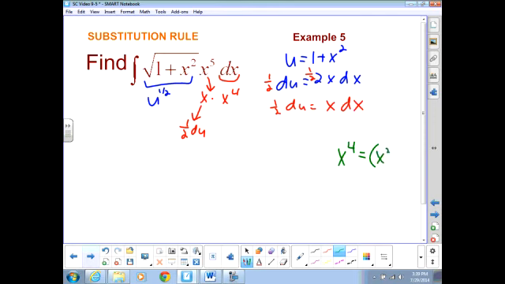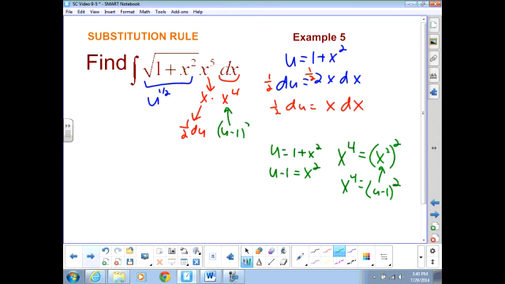That's the same as saying x squared squared. We need to think, can we write x squared in terms of u? Well, we know u is equal to 1 plus x squared. If you subtract 1 from both sides, you get u minus 1 equals x squared. So x to the fourth can actually be replaced with u minus 1 squared.